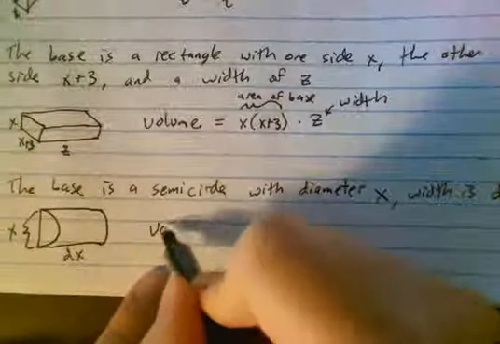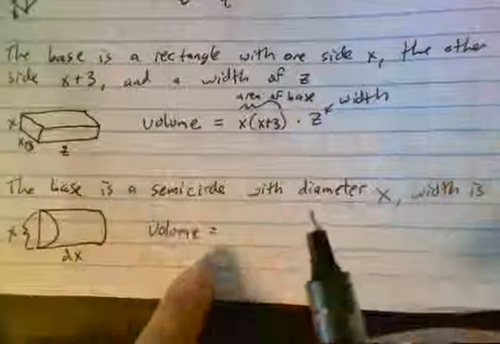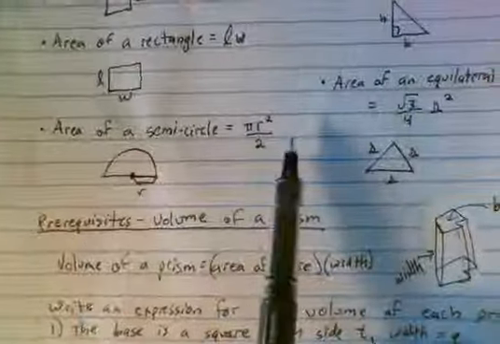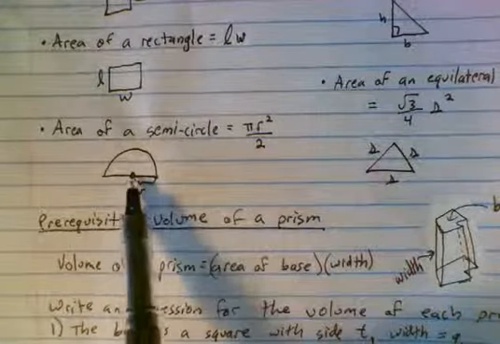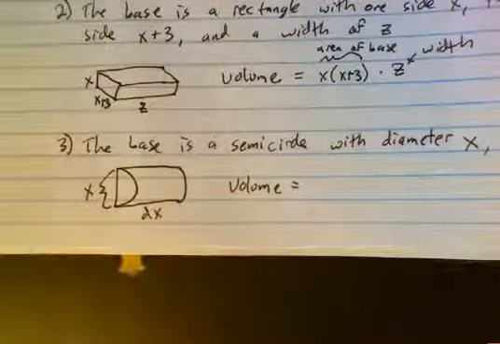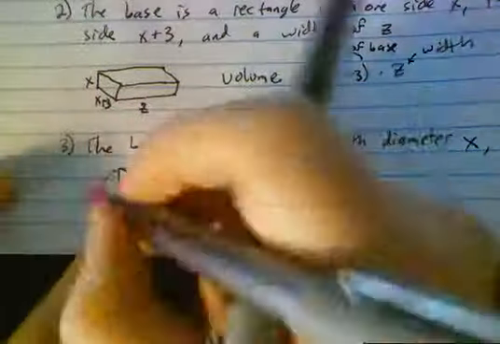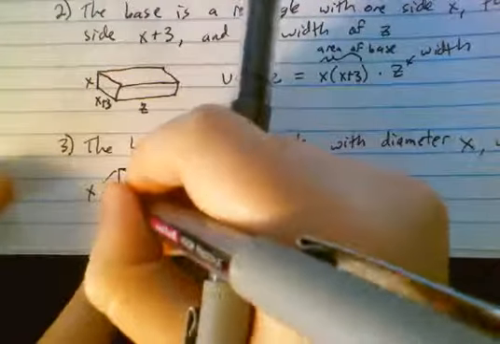And so if I'm going to find the volume, it's going to be the area of this base. However, we got to watch out because the area of a semicircle is pi r squared over 2, but the radius is this part right here, whereas here x is this entire diameter. So if we want to make it into a radius, the radius part is right here.